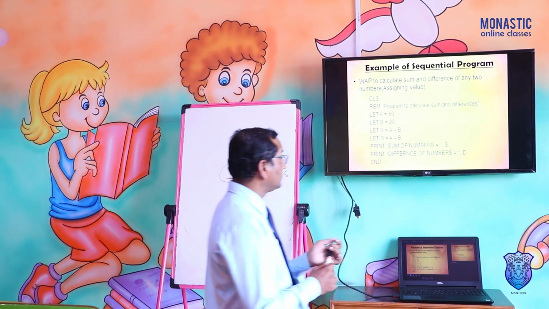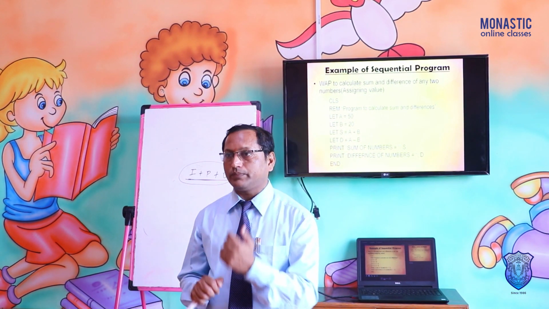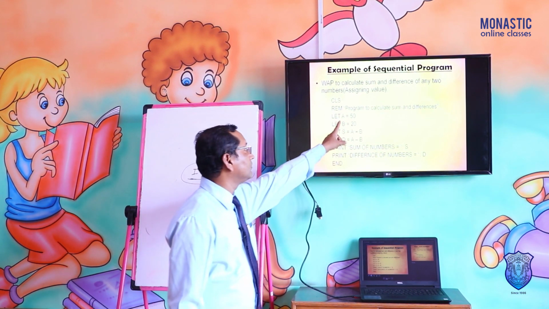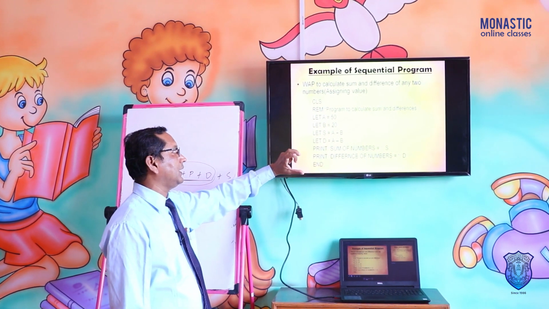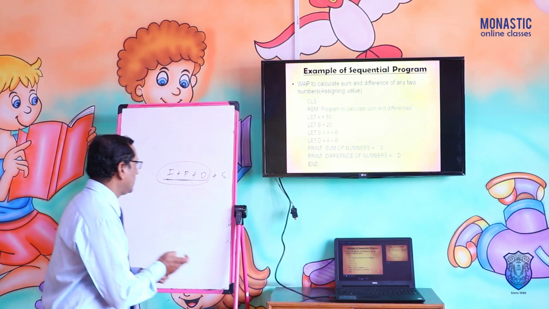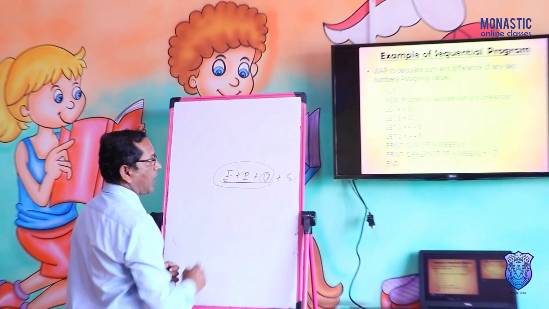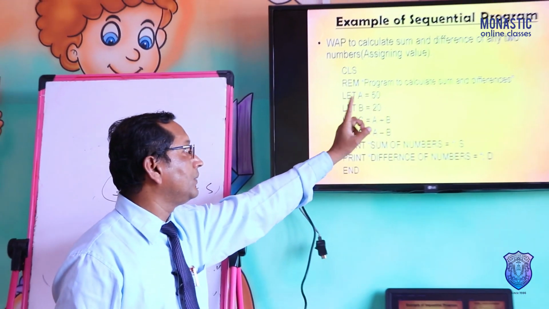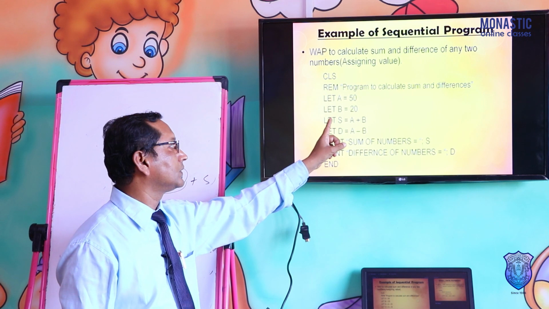To solve any problem, it first needs values. Value is the basic need. So here 50 and 20 are the input. First input, then processing, then output. Here A = 50 and B = 20 are the values, meaning input.